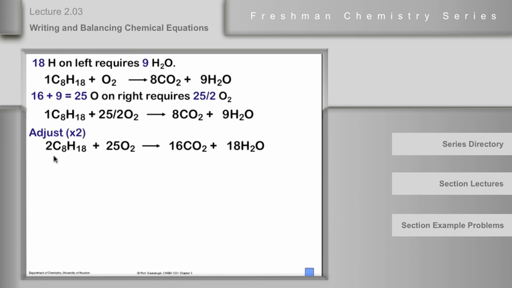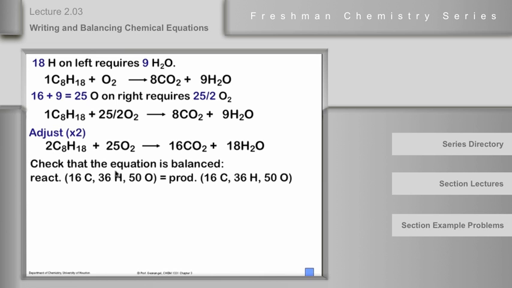So what I mean by that is 2 octanes, 16 carbons, 16 CO2s is 16 carbons, 2 times 18 is 36 hydrogens, and 18 times 2 is 36, and then we have 50 oxygens on both sides. That's a very important step. Otherwise, you're leaving yourself open to the balancing equation god, who might smite you down if you don't check your work.